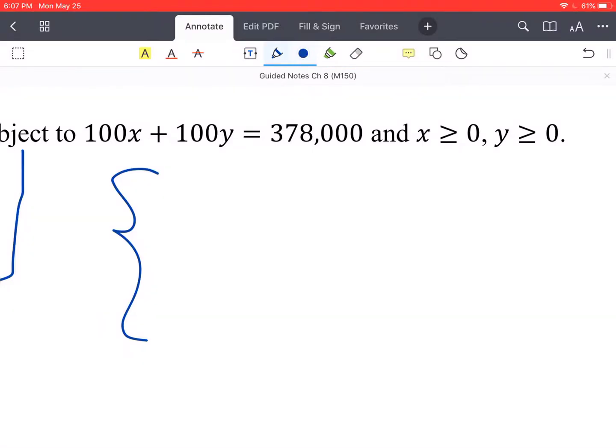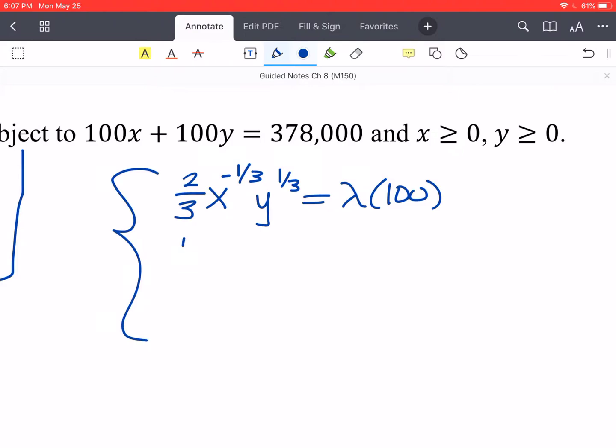So this is going to be 2/3 x to the negative 1/3 y to the 1/3 equals lambda times 100. We have 1/3 x to the 2/3 y to the negative 2/3 equals lambda times 100.